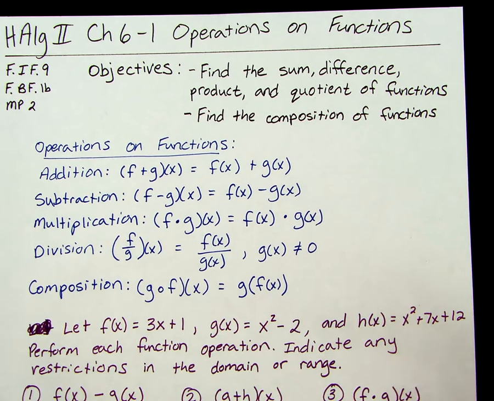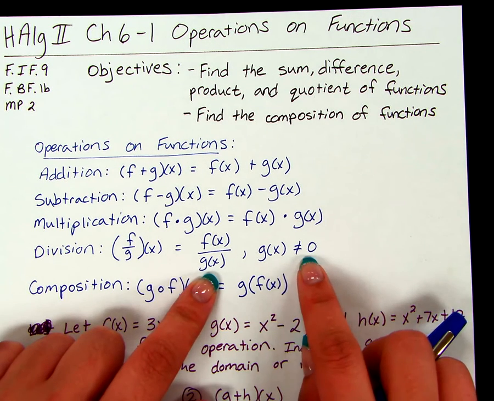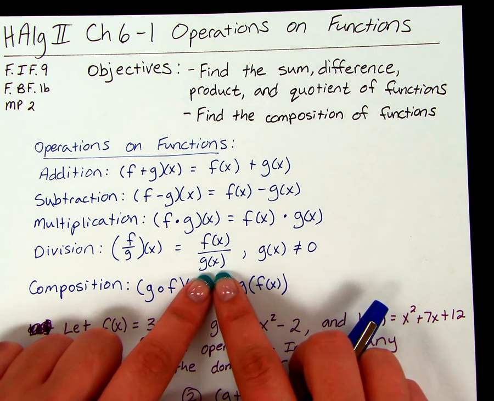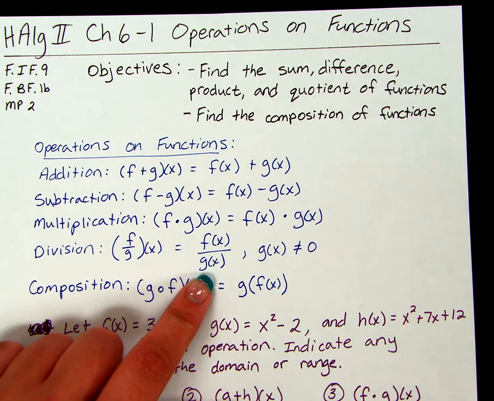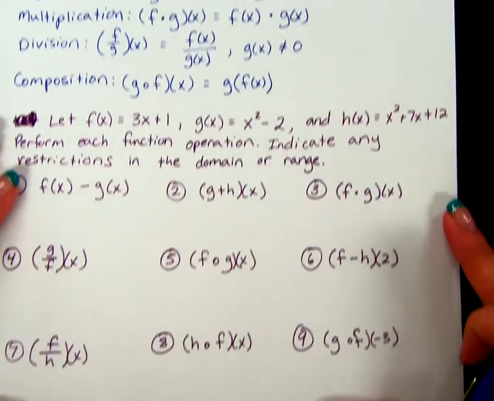And then again, we're going to simplify as much as we can. For the division one, remember we're not allowed to divide by 0. So for this one, we do need to state the restriction, so what x can't be if we end up with 0. That will partially be taken care of when we do domain and range for these functions as well. All right, so we're just going to do a bunch of examples.